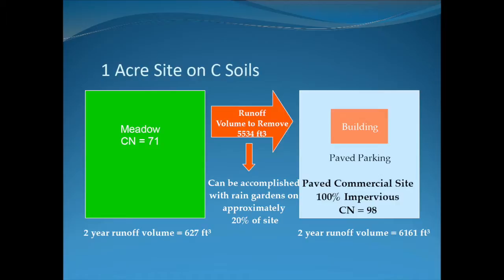If you completely pave the site, you change the curve number to 98, the volume that you would add would be 5,500 cubic feet. You should be able to accommodate that with roughly 20% rain gardens on 20% of the site, depending on different design criteria and what you have available to you.